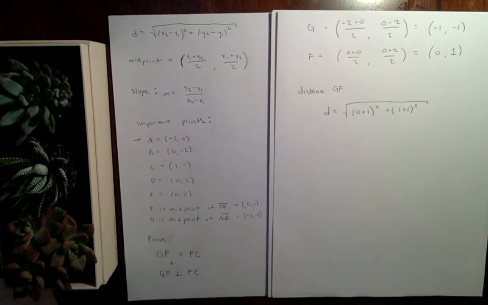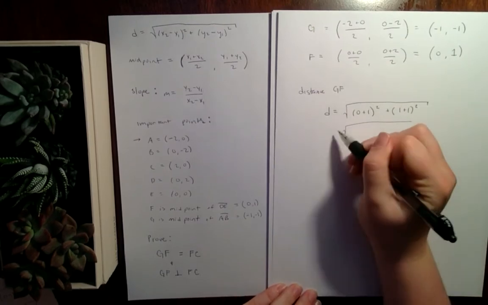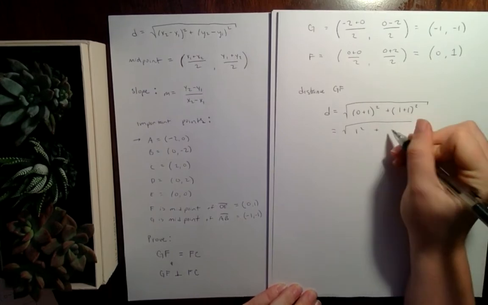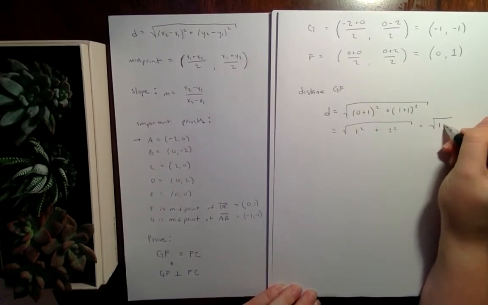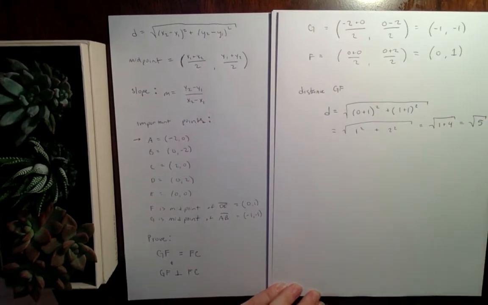We'll close that square root off. When we simplify this, we get 1 squared plus 2 squared, which equals 1 plus 4, all under that square root, which is equivalent to square root of 5.